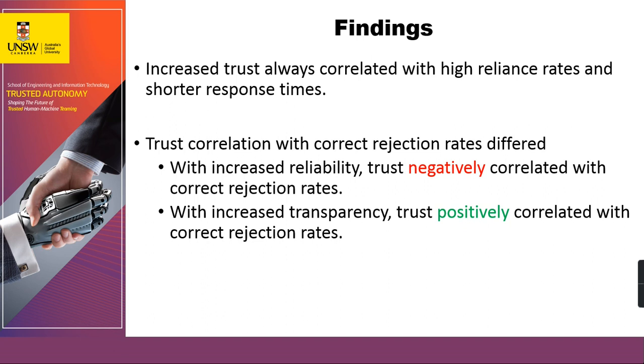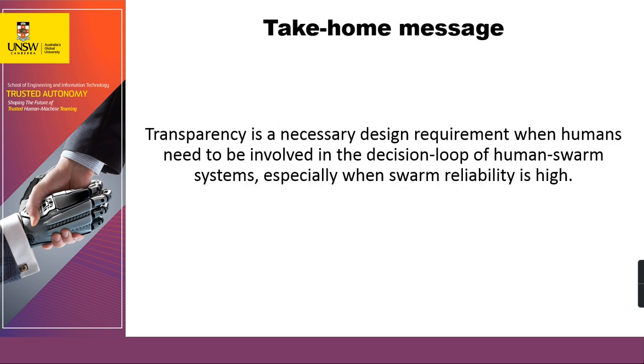In contrast, when trust was formed by increased swarm transparency, high trust meant better ability to reject incorrect swarm recommendations. The take-home message from this is that transparency is a necessary design requirement when humans are to be involved in the decision loop, especially when swarm reliability is high.